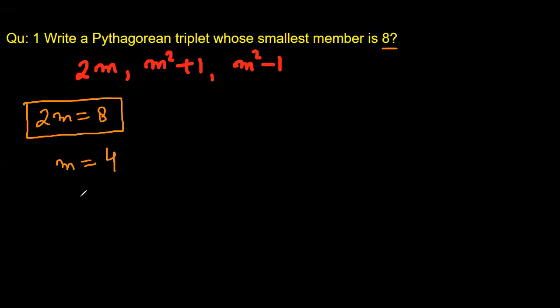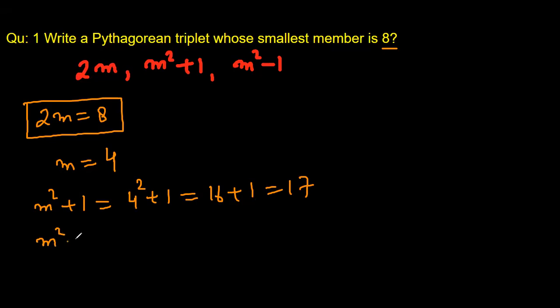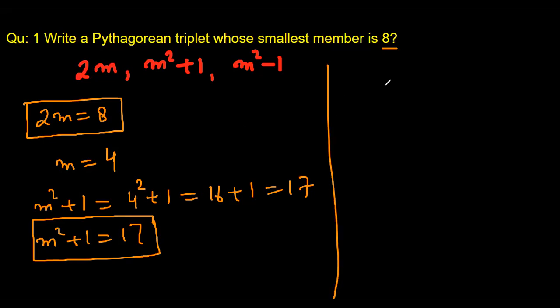If m is 4, what is m square plus 1? M square plus 1 would be 4 square plus 1, which is 16 plus 1, which is 17. We got the second member. The first member is 8, the second member is 17. Then we can find the third member, which would be m square minus 1.